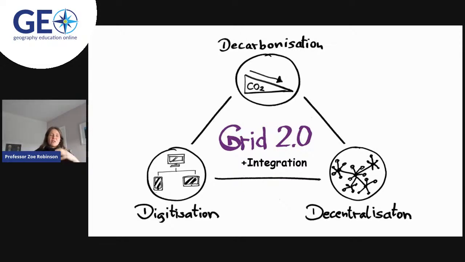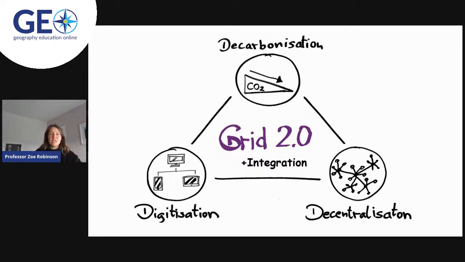This is referred to as decentralization of energy, where we can produce it locally. But that also requires digitization and the use of what we call smart energy networks to try and balance the supply of energy from renewables and our energy demand.